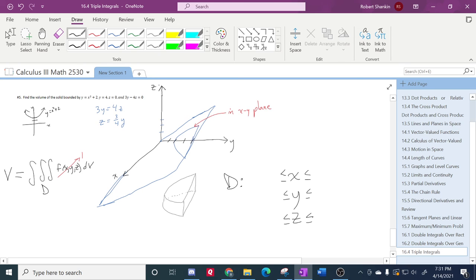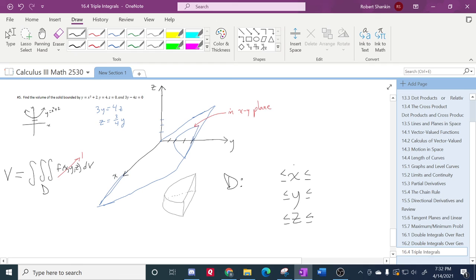What I'm going to choose to do, though, is I'm going to go with the x's first. And the reason why I'm going to do that is because then if I look at the y's constrained by the x's, then I can go back to this 2D picture of x and y and get y in terms of x, and I'm very comfortable, and I'll be able to go pretty fast with that way.